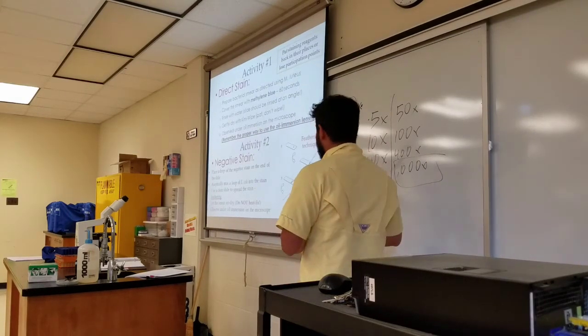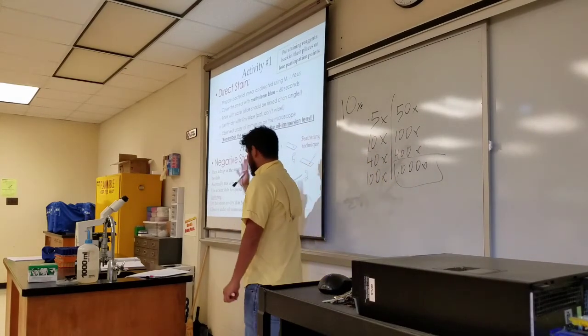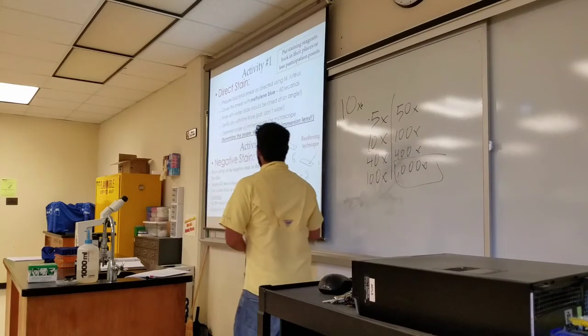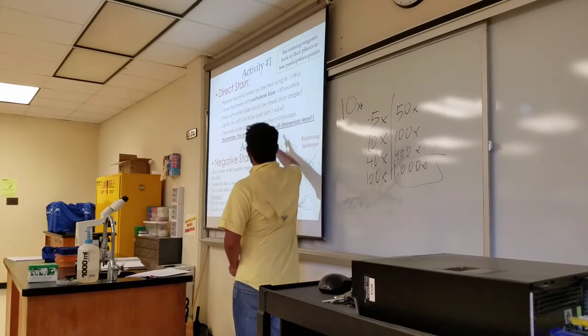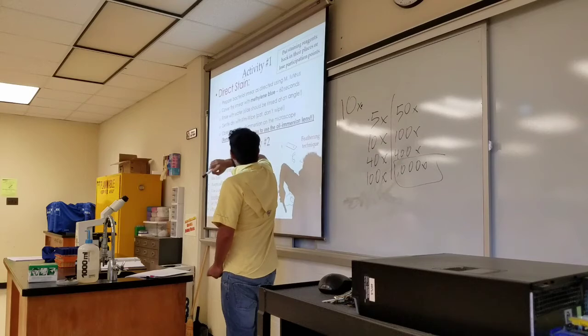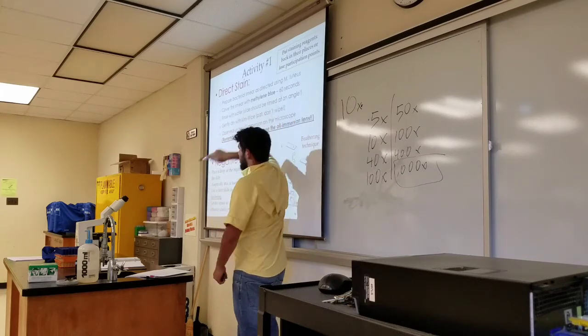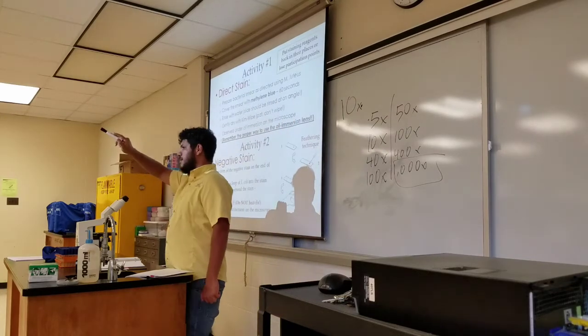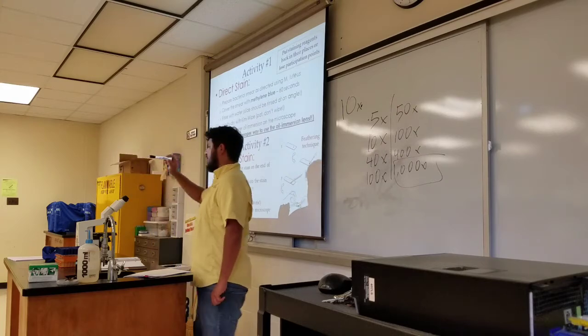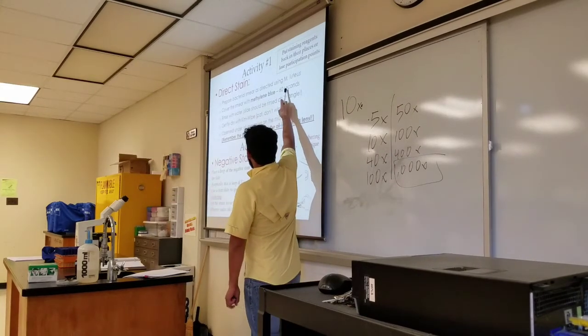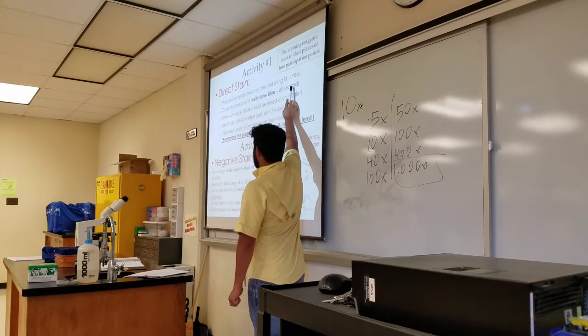For this exercise, we're working in pairs. In activity 1, you are going to prepare a smear as a direct staining using Micrococcus luteus. First modification from what your lab manual says: your lab manual says to use E. coli, but we're using M. luteus to do this.